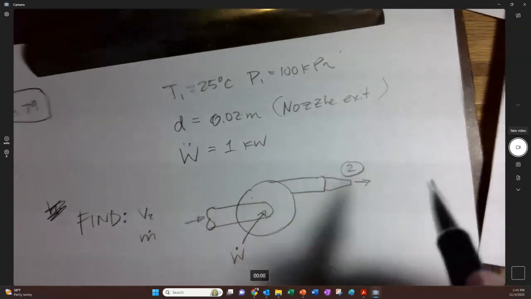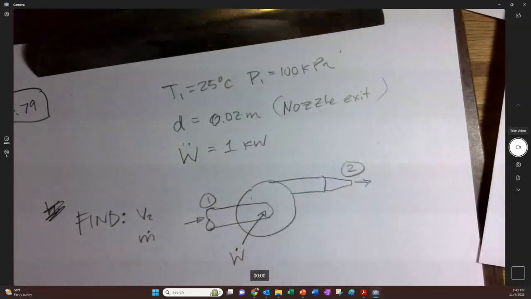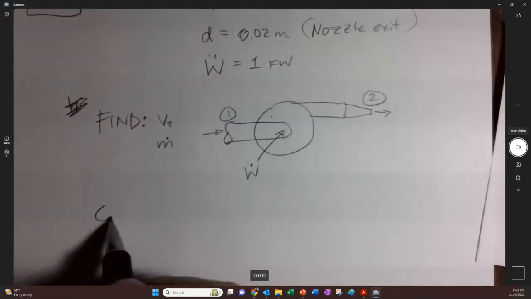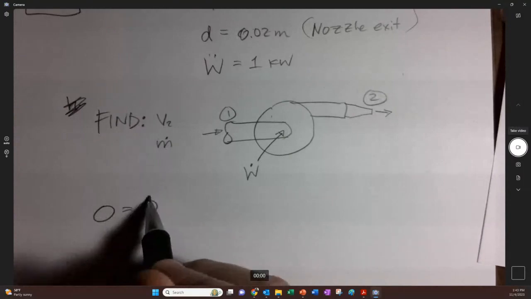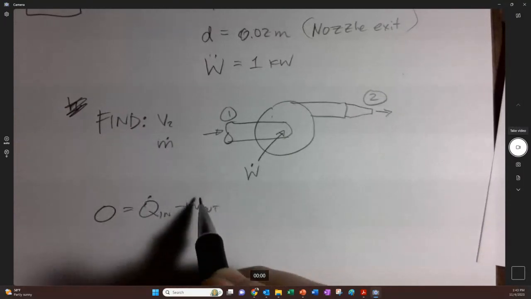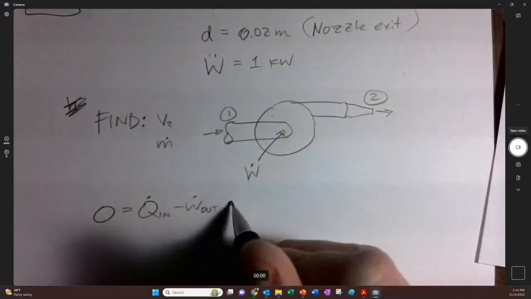So we have this flow rate coming in here. So this is 1. I'll be honest, I don't quite know, I guess I'll just think my way through it. That's the best way, just to demonstrate, think your way through it. So we're going to go Q dot in minus work out. But in this case, this is going to be work into the system.